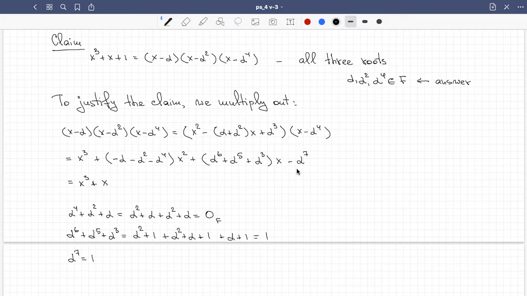This is negative. Okay, negative does not matter. I will immediately say that this is the same thing as negative 1, so write plus 1. Thus, we are done: this product is equal to our polynomial.